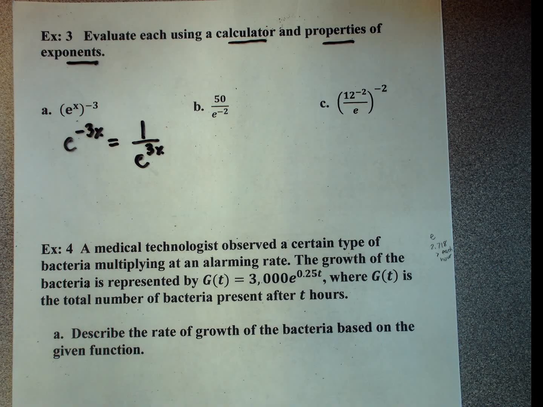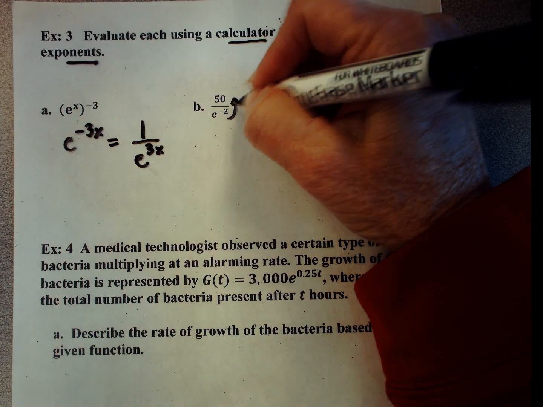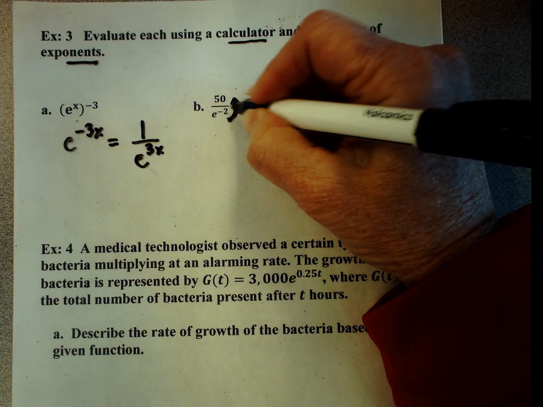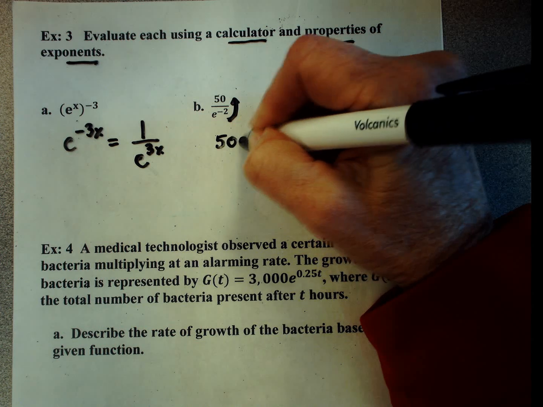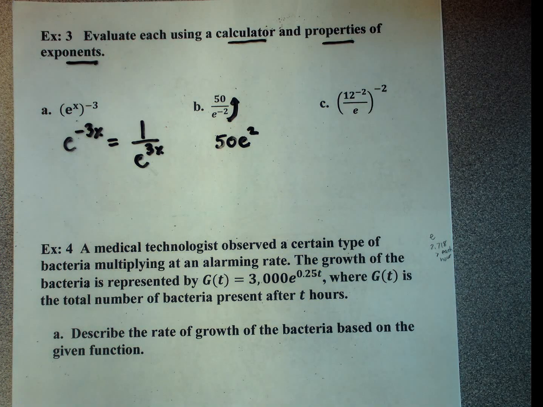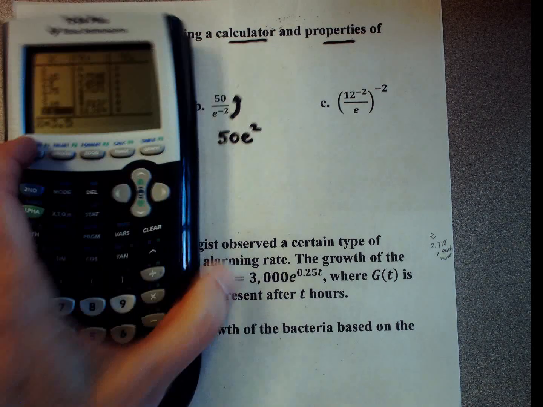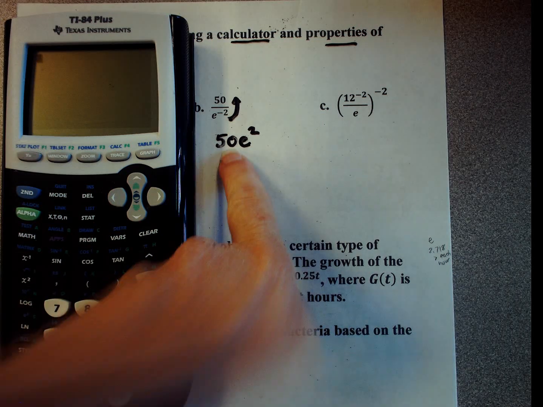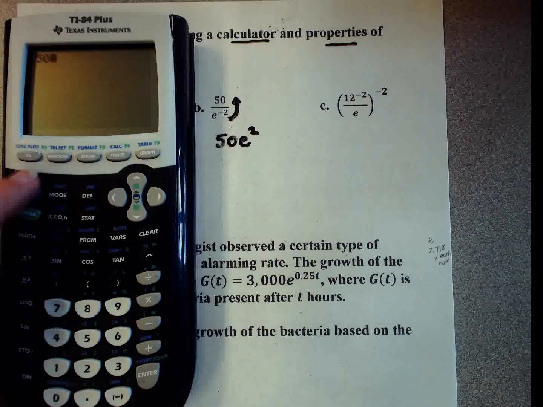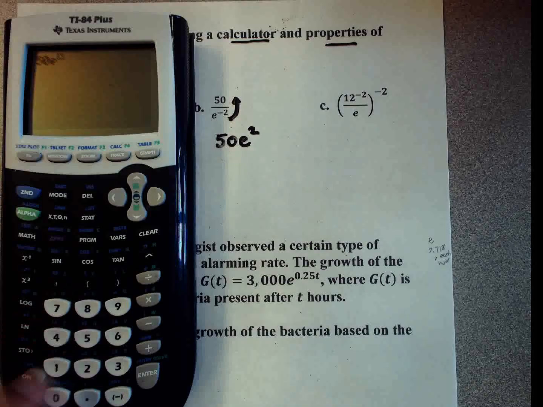Okay, so the next one, we could actually put in our calculator just as we see it. You don't have to, unless you don't want to put the division part in. Technically, you would put it up here because it's a negative exponent. So you could type in this, or you could do 1 over e to the negative 2. It makes no difference because it says the same thing. All right, so let's just do e, 50 second ln to the second power.